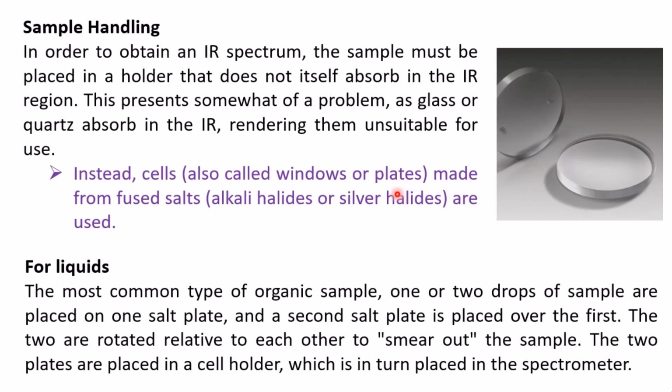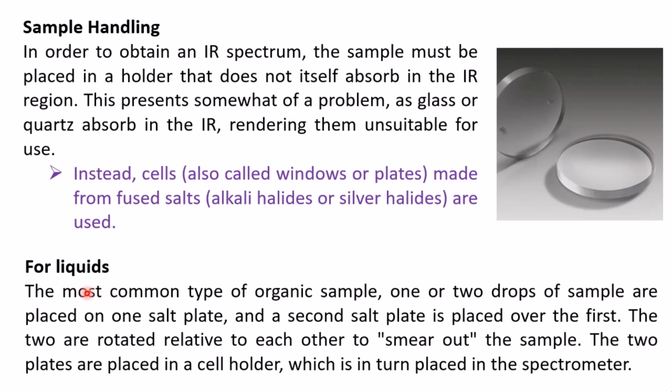So these are made of alkali halides or silver halides, so that whilst you add your sample to run it, the cell itself does not also absorb and add up to the absorption wavelength you are going to read.